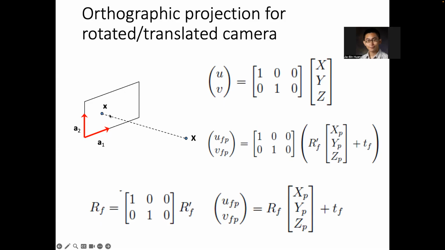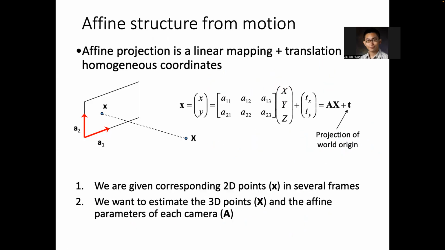The u, v, this is the 2D coordinate of the projected 3D point, is the global 3D coordinate with the rotation and translation. Here you can think about the rotation as basically that A1 and A2, right? The A1, A2 basically talks about how the camera is rotated. Okay, so it looks like this.